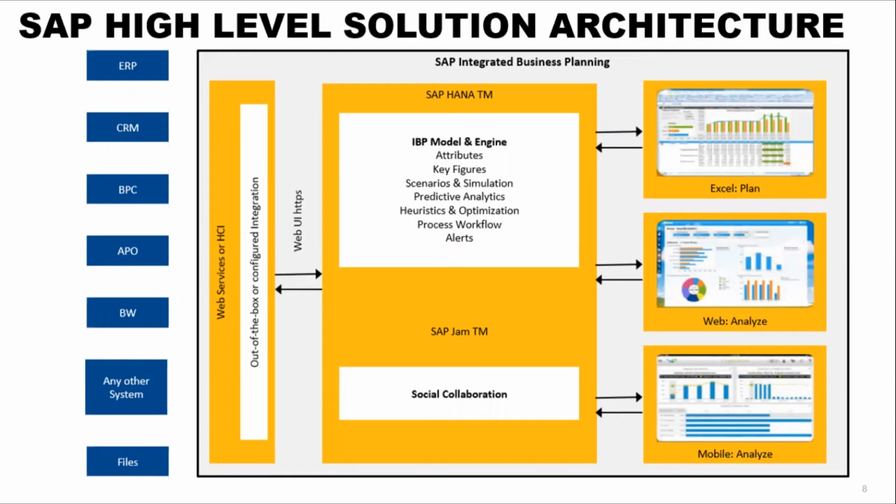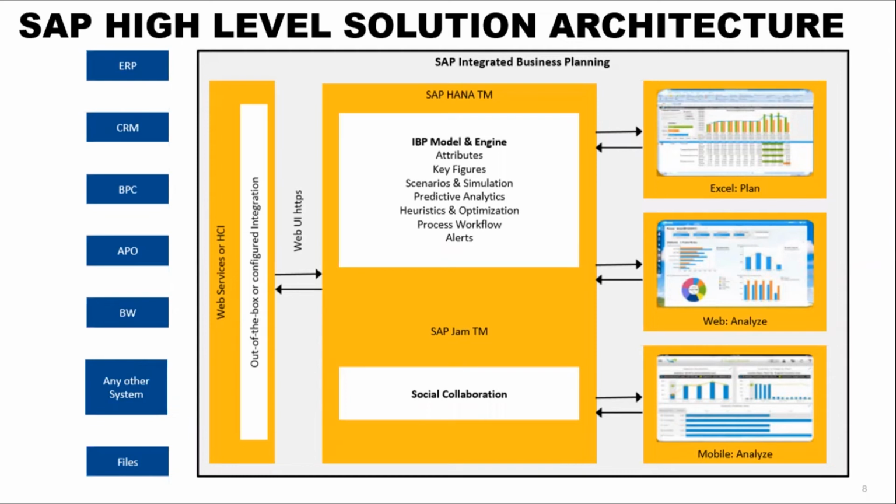If it is our SAP systems, you can connect straight away with the help of CPI and SDI. If it is systems other than SAP, we can use the web UI, HTTPS, web services. And if it is flat files, then we can have the data integration jobs to get that data.